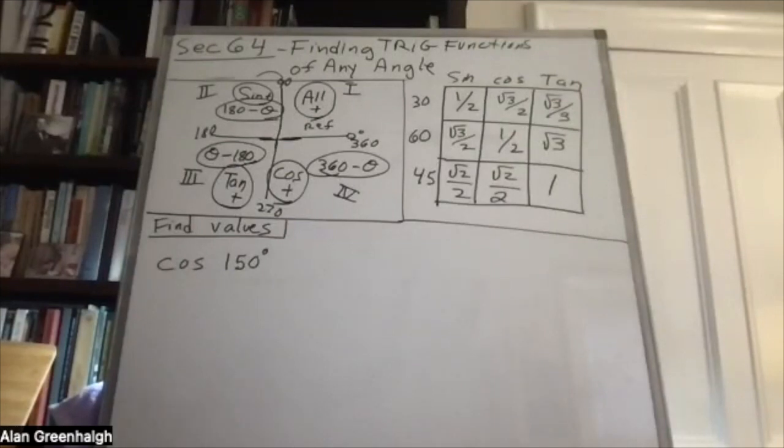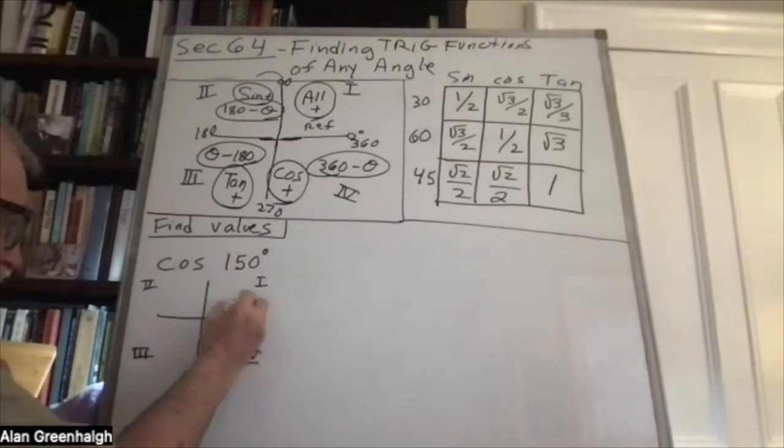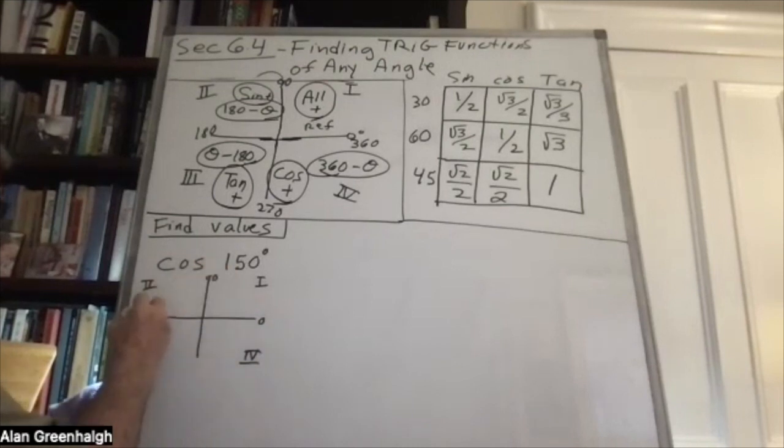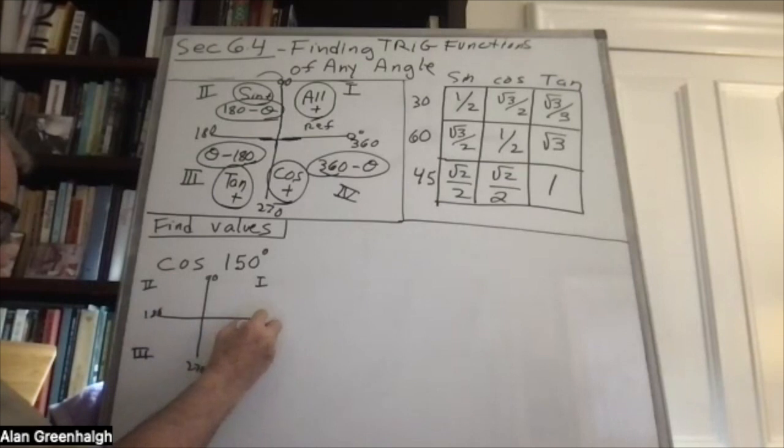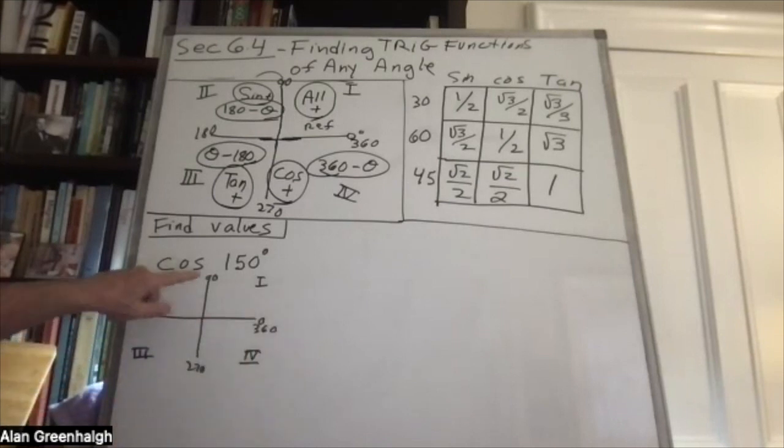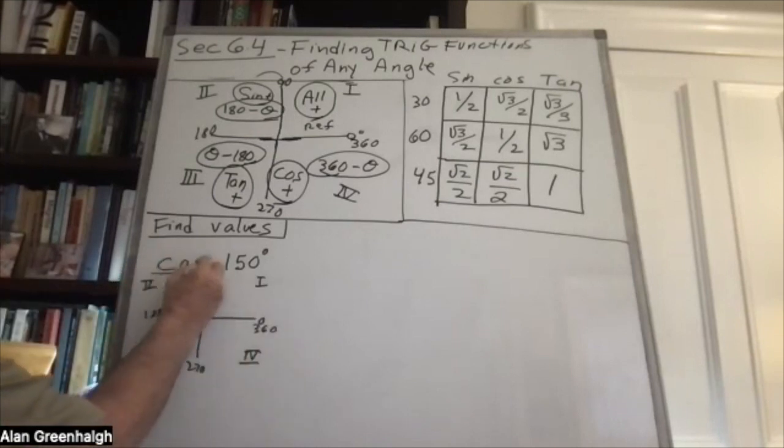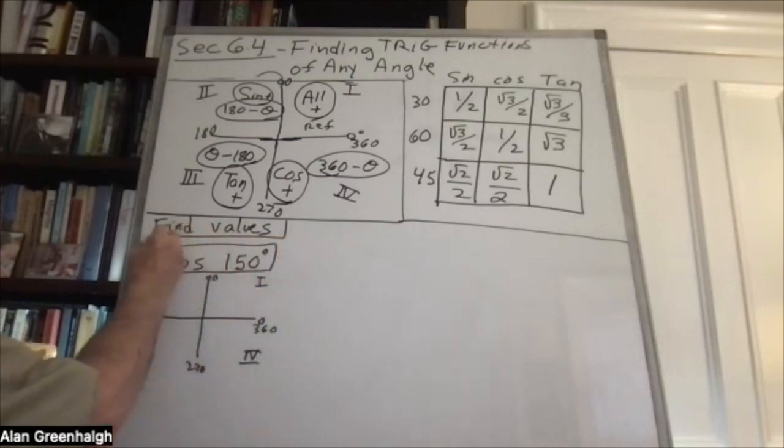The first thing you need to do is draw this. So you draw the four quadrants, 0, 90, 180, 270, 360. Okay, so this is what we're looking for. We want to find the cosine of 150.